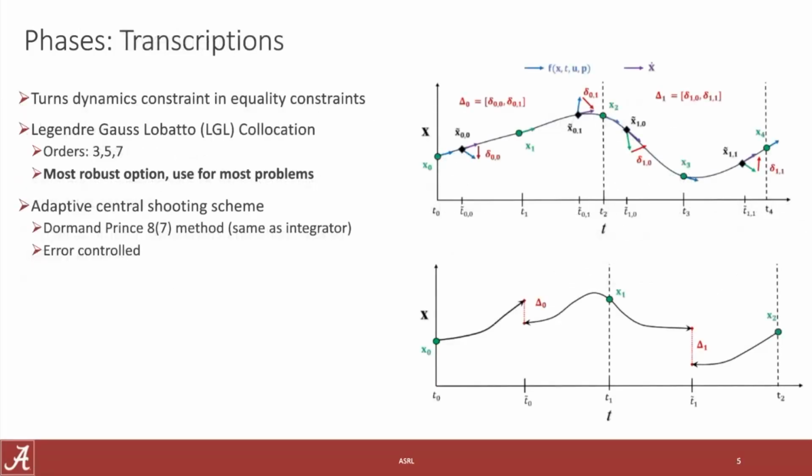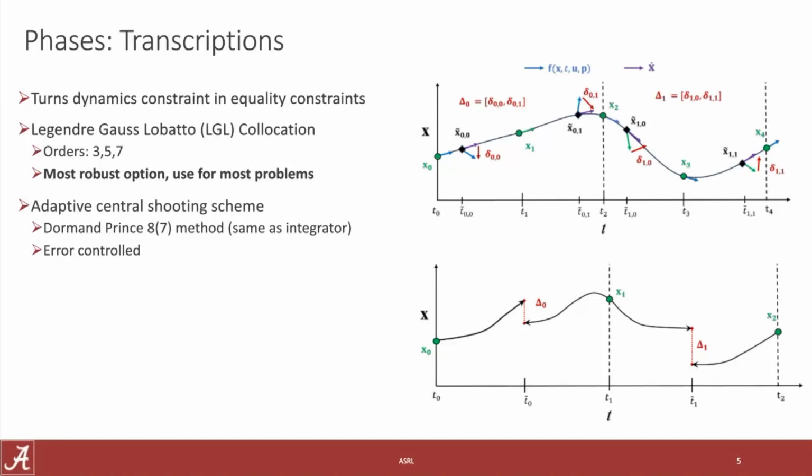So transcription methods, I know we also hit on this. Essentially, you have continuous dynamics in your ODE that you wrote, the continuous mathematical definition of the two-body problem or the CR3BP, but for a numerical solver and optimizer, you need a way to transcribe that continuous problem into a numerical formulation.